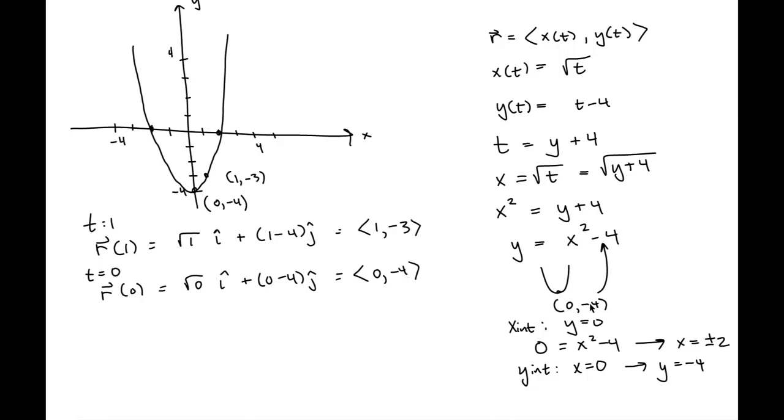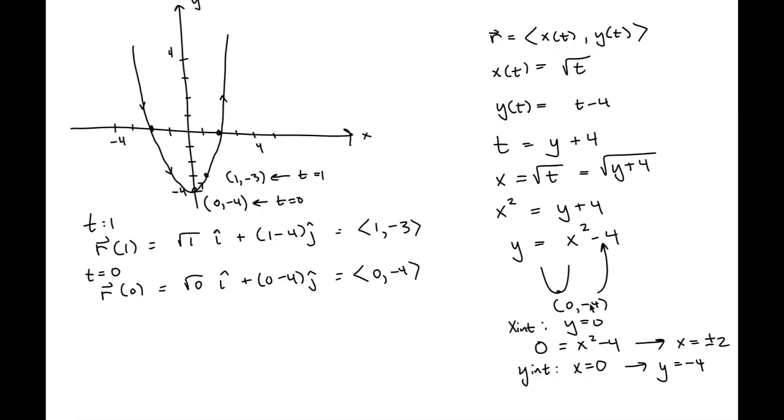Oh, and let's indicate that this corresponds to the value t equals 0, and this corresponds to the value t equals 1. So notice we are going from left to right, from the point at 0, minus 4 to the point 1, minus 3. So I will indicate that with an arrow on my curve, and this gives the orientation of our curve.